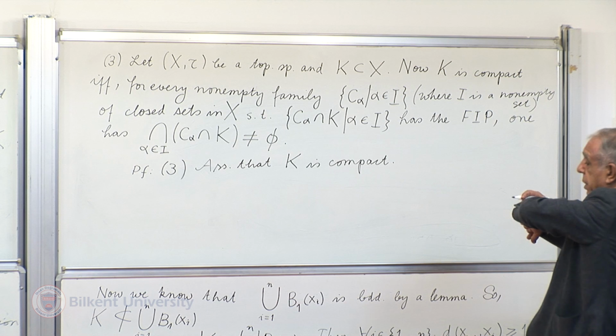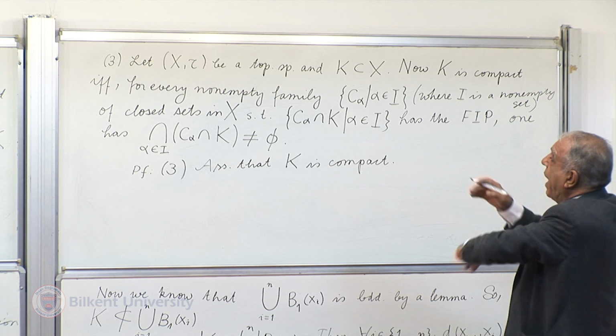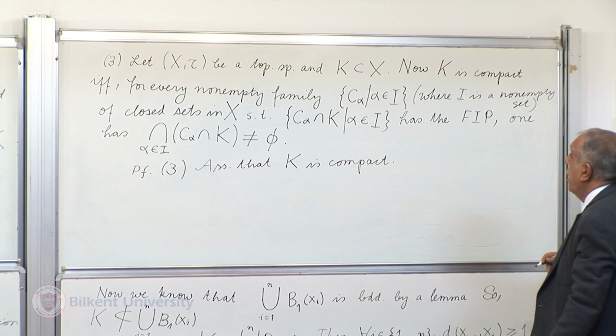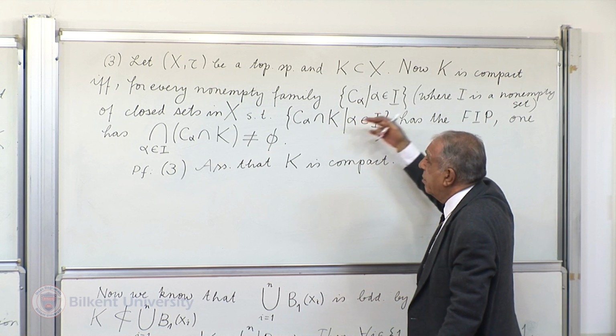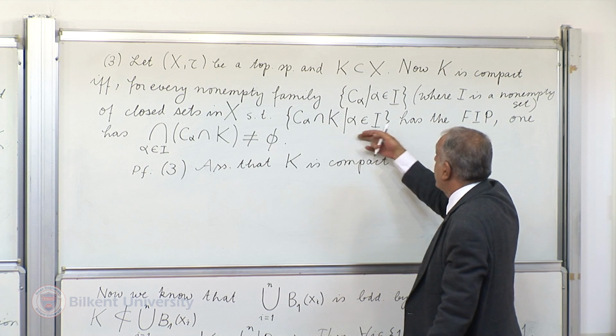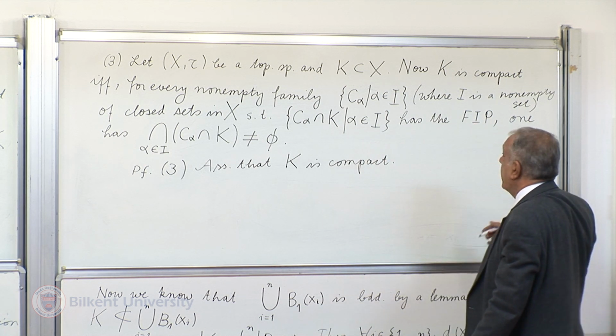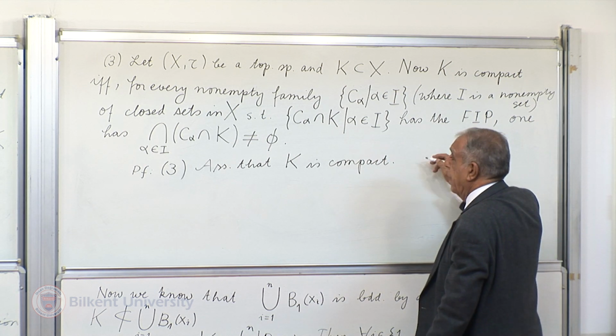Well, in order to show that the right-hand statement is true, let us take any non-empty family of closed sets in X such that this has the finite intersection property.